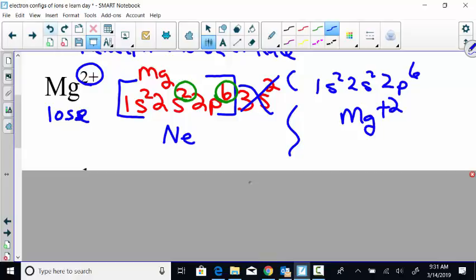So why isn't this now neon? What you have to realize, and this is huge, is that the number of protons has not changed.